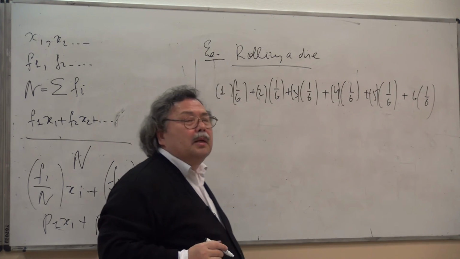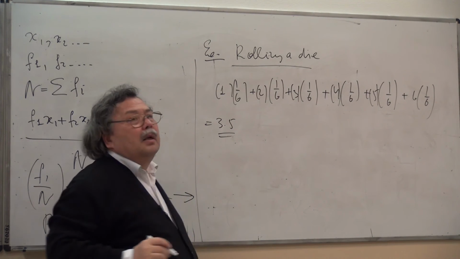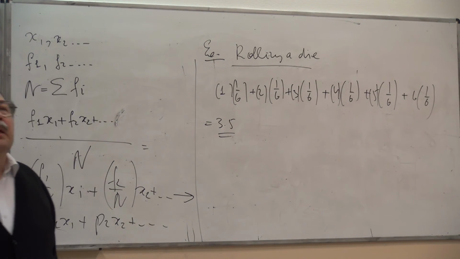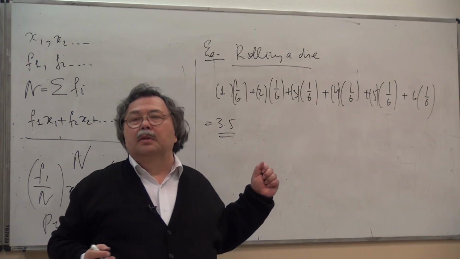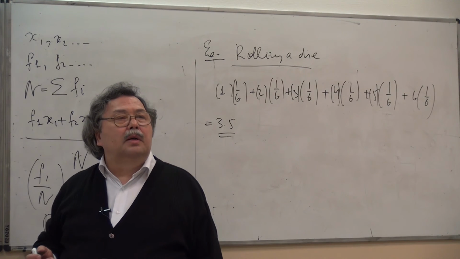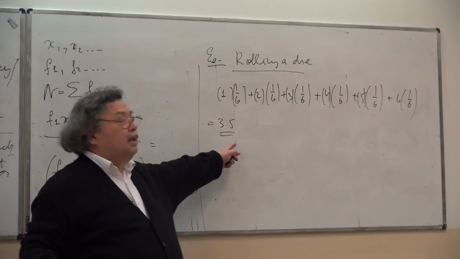And summing up, this is what we get, 3.5. Now, when you first see this kind of answer, you may be a bit surprised that it's not an integer, not 3, not 4, it's 3.5. So when you roll a die, you can't possibly get this.